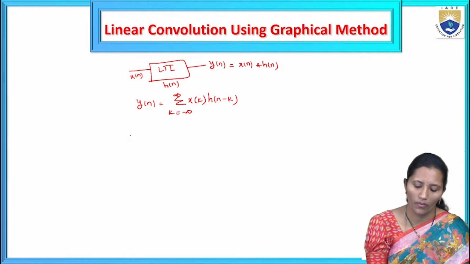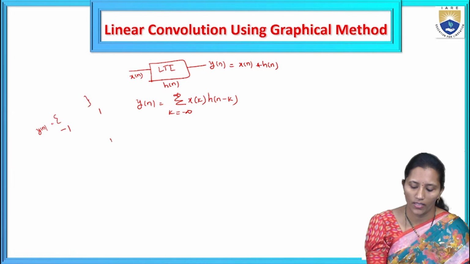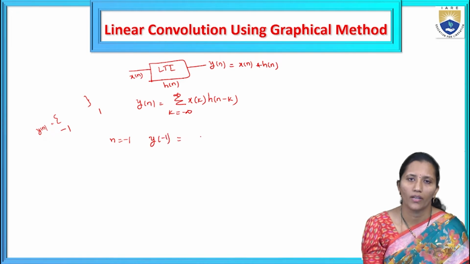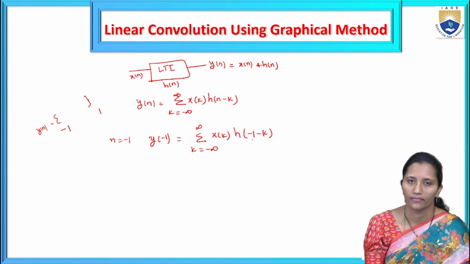For example, I want to find this, my y of n sequence is starting from -1 to 1. So for n equal to -1, if I substitute here, y of -1, that is the -1 sample of output, is equal to sigma k equals minus infinity to infinity x of k into h of -1 minus k.